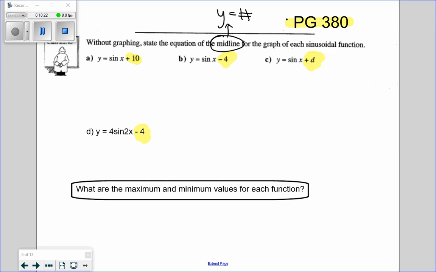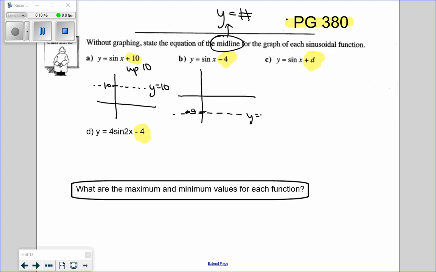So if it is plus 10, that means the midline went up to 10. So the midline is y equals 10. So minus 4 means the midline is down here at negative 4. So you just write it as y equals negative 4.